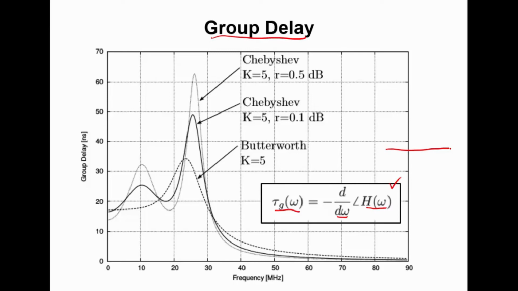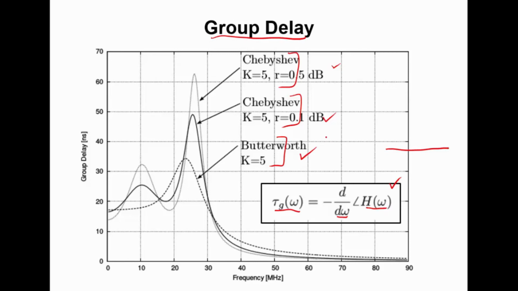However, all practical filters have some dispersion, and that dispersion is characterized here as the group delay variation. So here I'm showing it for Butterworth, K equals 5, Chebyshev K equals 5 with 0.1 dB ripple, Chebyshev K equals 5 with 0.5 dB ripple. And the thing you see, which might not be too surprising, is that the best dispersion, that is the minimum group delay variation, is given by the Butterworth response, the maximally flat response.